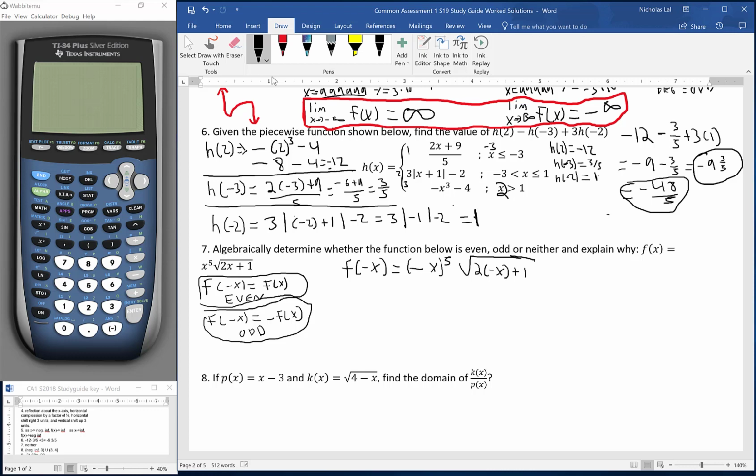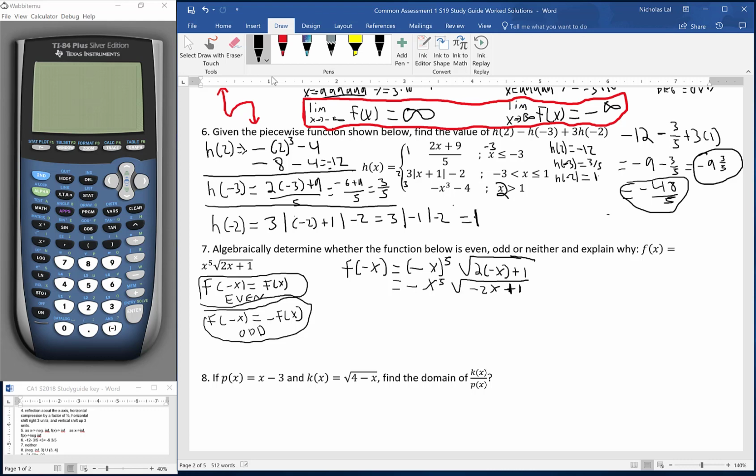All right, and so this will be equal to negative x to the fifth times the square root of negative 2x plus 1.